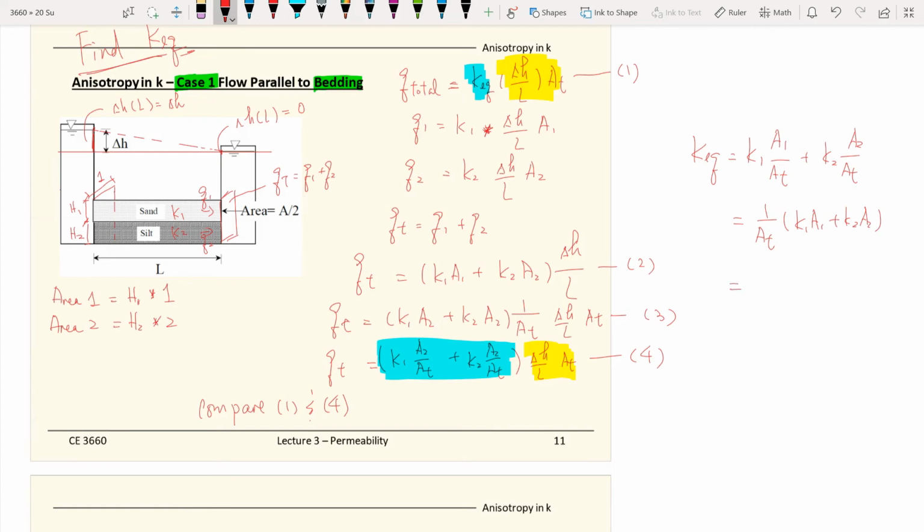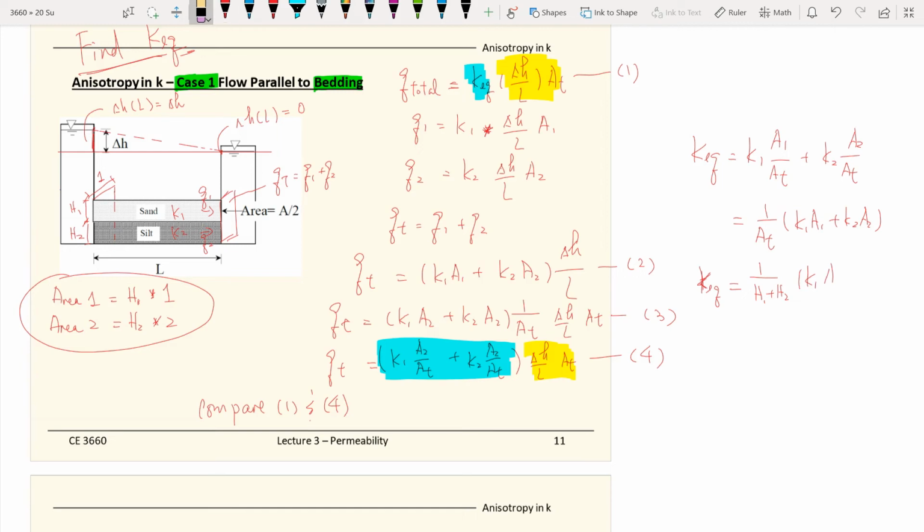And knowing the area is equal to H1 times 1, then we can find out the K equivalence as normalized terms, where we have a unit length into the page.